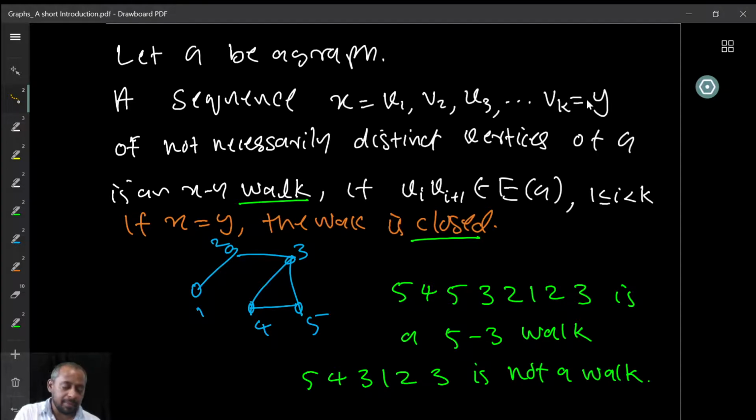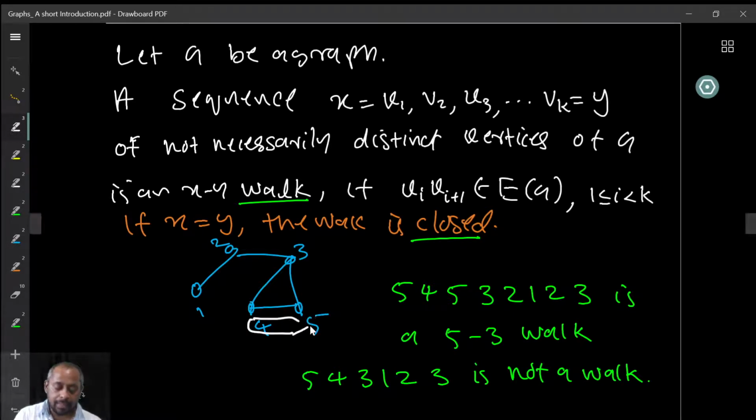Now, given the graph, we can look at the possible walks. So, for example, here I am giving the graph on 5 vertices. So 5, 4, then coming back to 5. Let me mark it in a different color. 5 to 4, then I come back to 5.